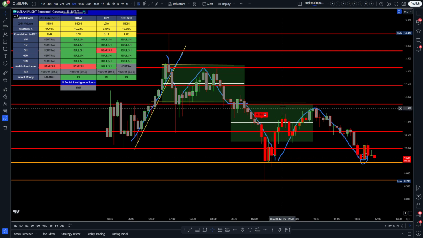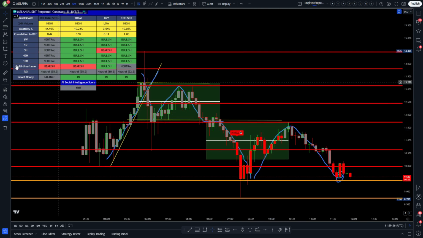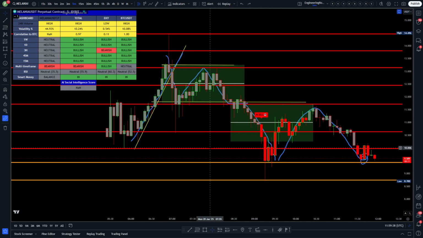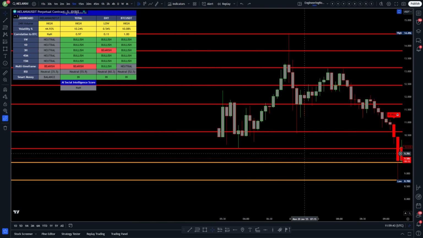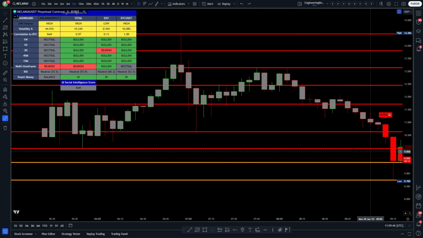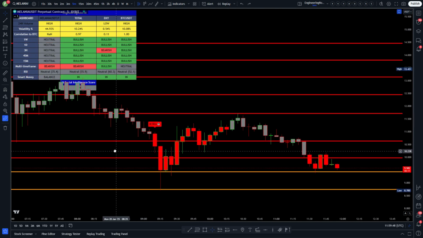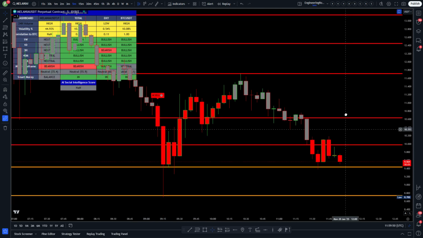Right now, the indicator itself is showing us, let me get rid of all of these lines at the moment, and we'll talk about what the indicator is telling us. I'll keep the support and resistance lines so that you can take these price levels.